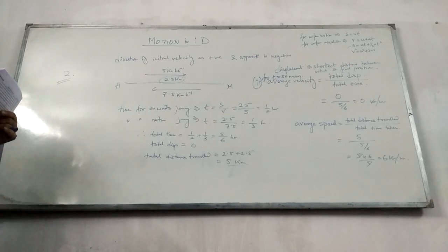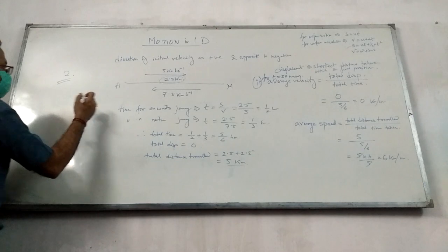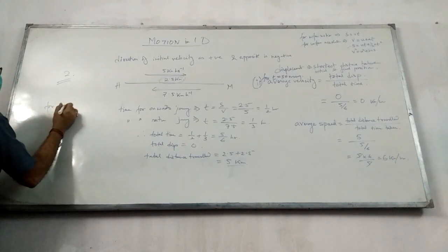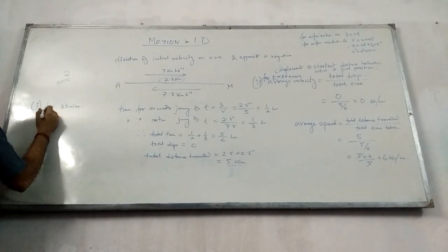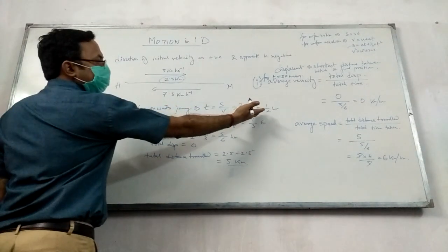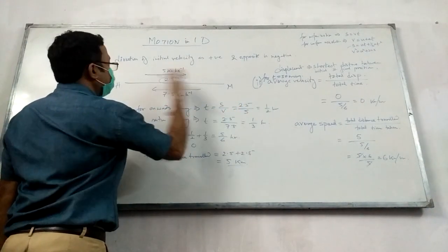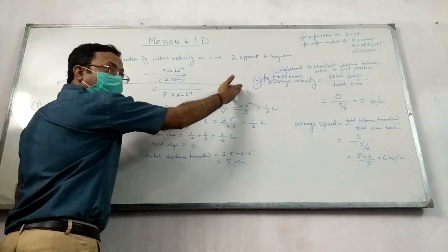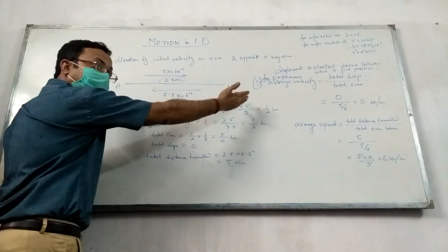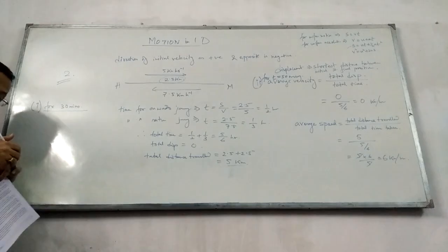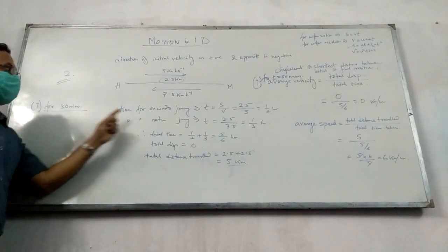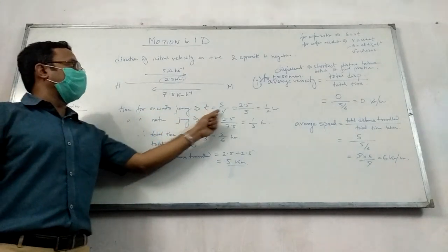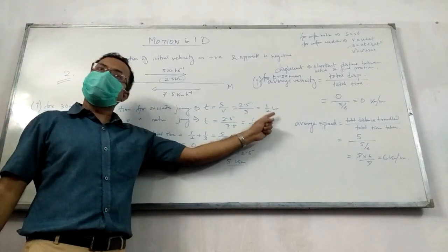Now, if they ask for 30 minutes, how do we do it? For 30 minutes, you can clearly see in half an hour it just completed the journey from home to the market, a 2.5 kilometer distance. For the onward journey the time taken is half an hour, 30 minutes.